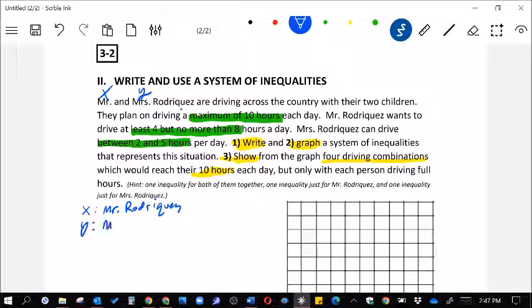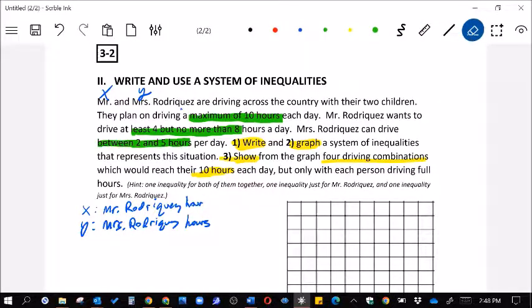And Y is Mrs. Rodriguez's hours. And I should put hours of driving. Okay, now that's a little bit clearer, hopefully.